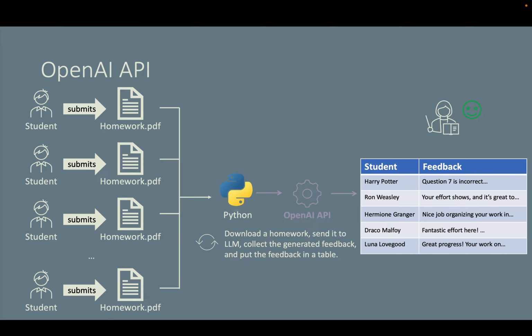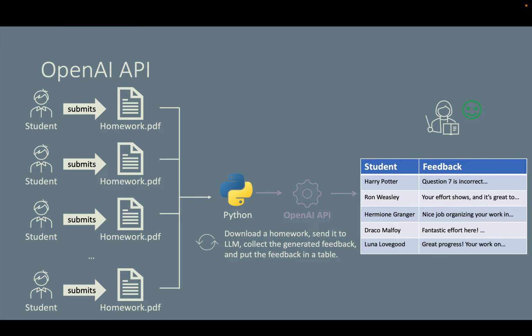Just a reminder, the API enables two programs, in this case, the Python program and OpenAI's large language model, to communicate directly without using the web interface. So, using the API provides greater flexibility and control compared to the web interface. You can integrate large language model capabilities into other applications like course management systems, email servers, calendar systems, automate repetitive tasks, and tailor the model's responses.